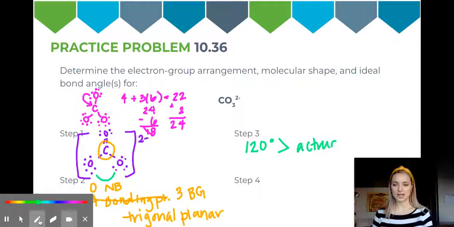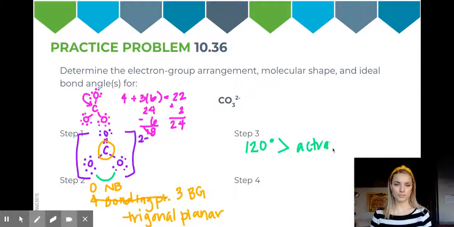I promise that says actual. We have an actual bond angle of less than 120 degrees.